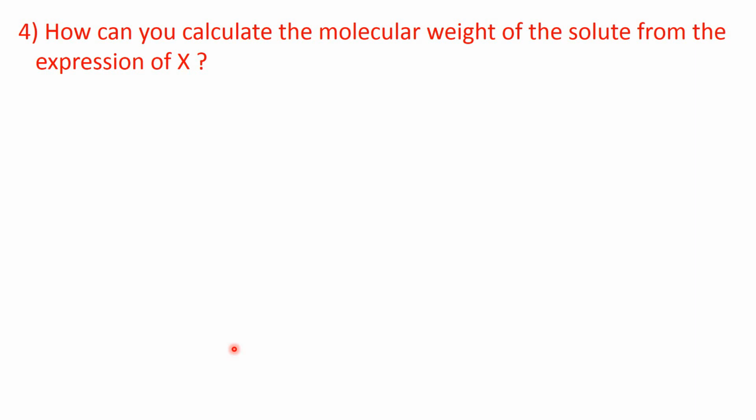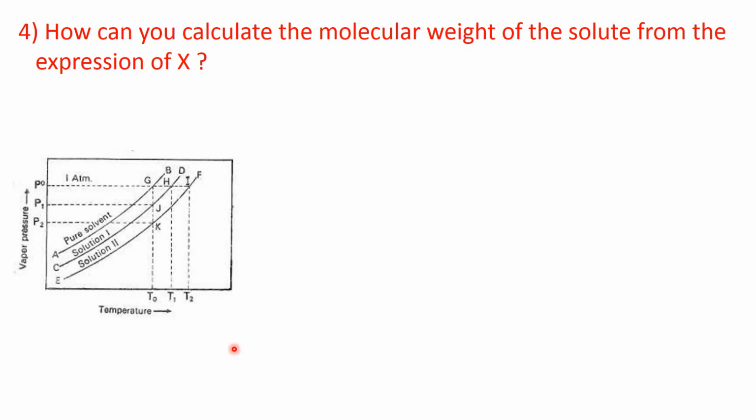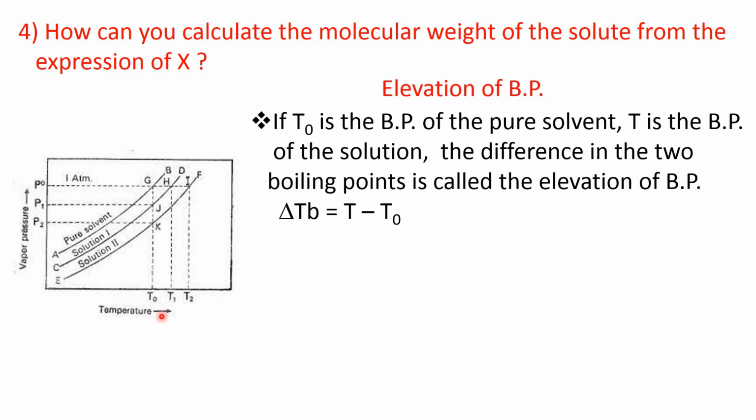Now the fourth question. How can you calculate the molecular weight of the solute from the expression of X? X is the elevation of boiling point. So we see elevation of boiling point. Just imagine that there is a pure solvent whose boiling point is T0.